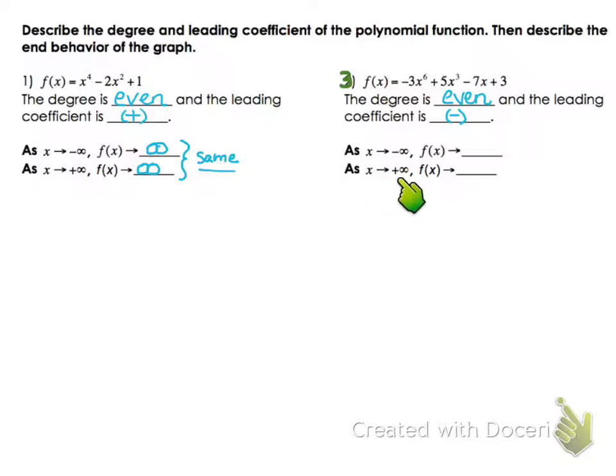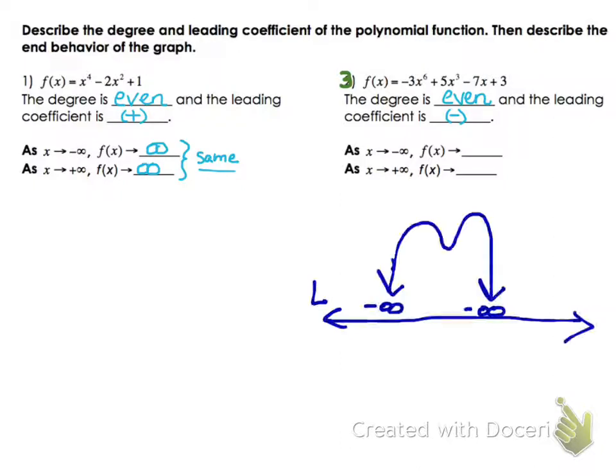As x walks towards positive infinity, that road towards positive infinity, the arm of the graph is going up. Or excuse me, the arm of the graph is going down because it's negative. Since it's even, they're both doing the same thing. So both of them are going to be going to negative infinity.